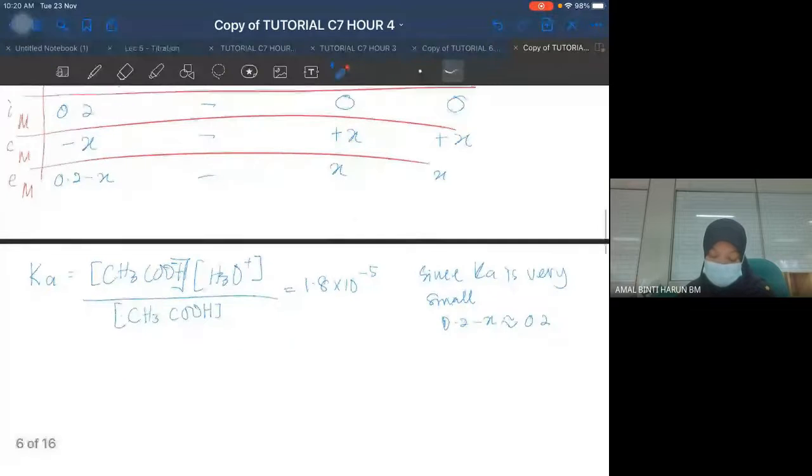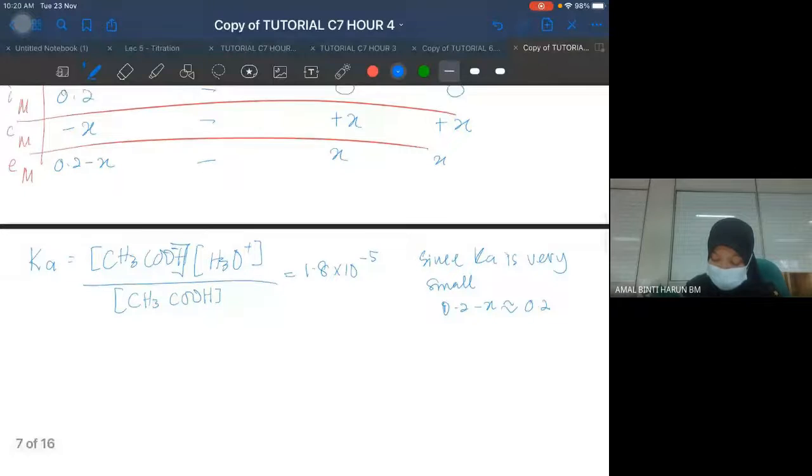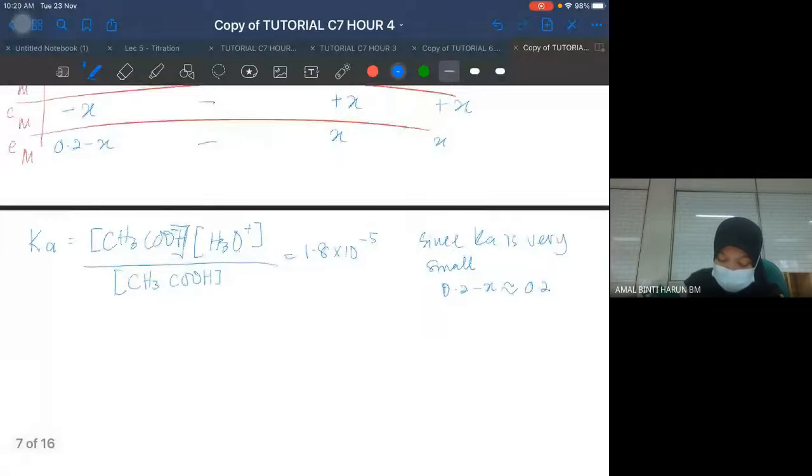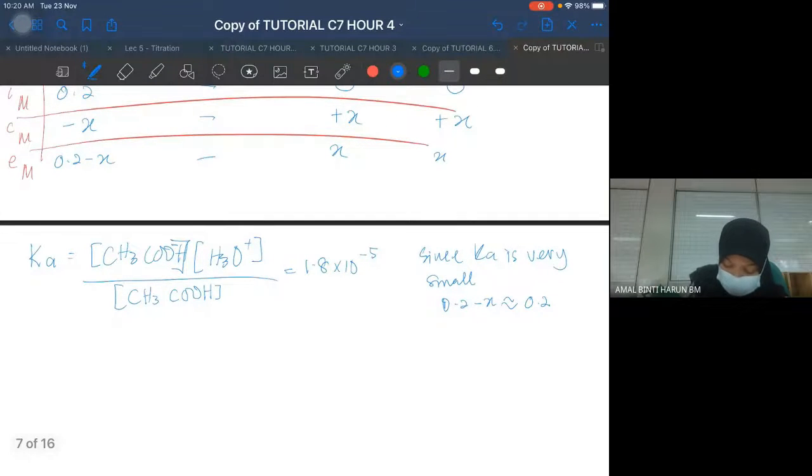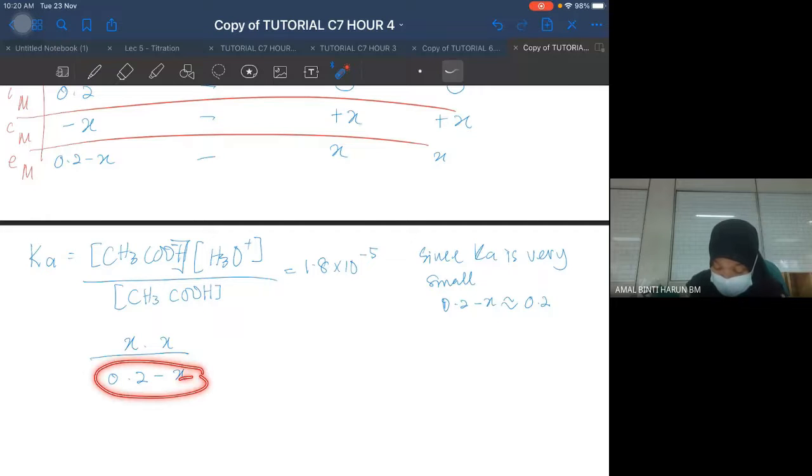Tak ada masalah. So kalau malas nak tekankan factors, so quadratic, you terus directly substitute. So it will be x times x over 0.2 minus x. So since kita dah assume ni 0.2 minus x is close to 0.2 initial concentration, then kita tak payah letak minus. So it's equal to 1.8 exponent negative 5.